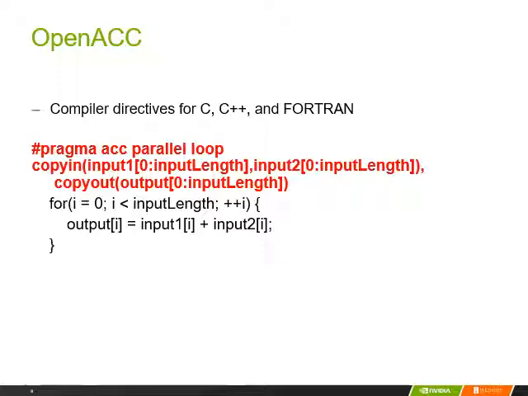We see that the code is a loop that is sequential C code, but we add a pragma, which is a compiler directive, that tells the compiler that the loop is a parallel loop, and it also tells the compiler the input data and output data that need to be copied between the host and device.